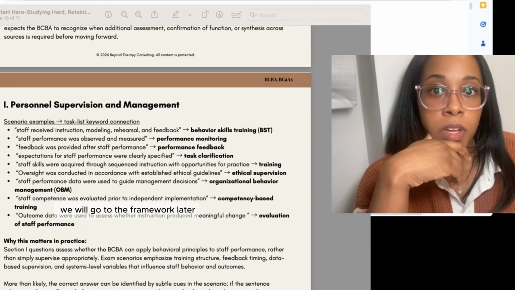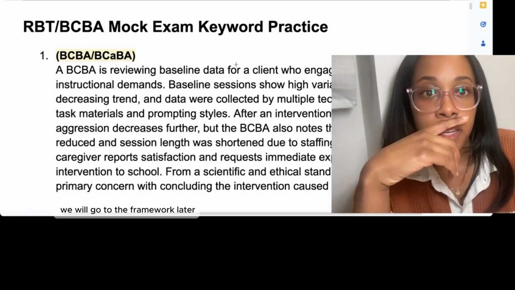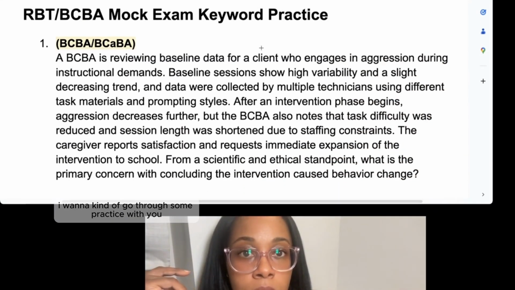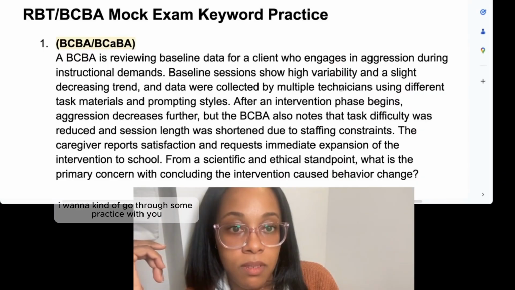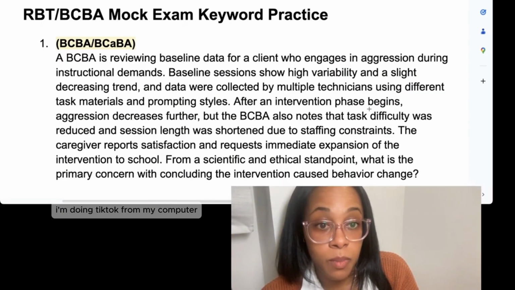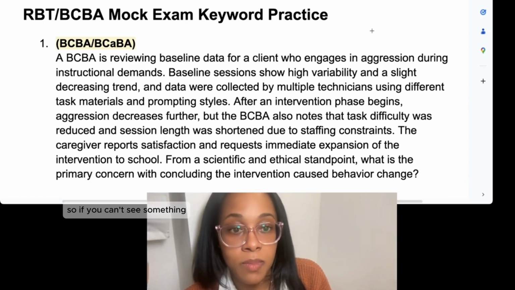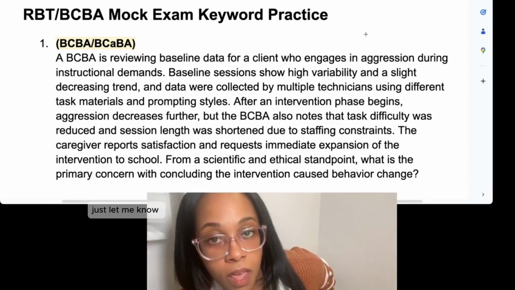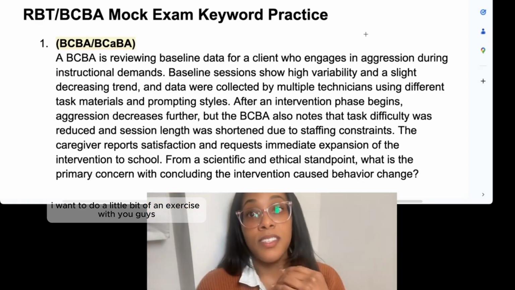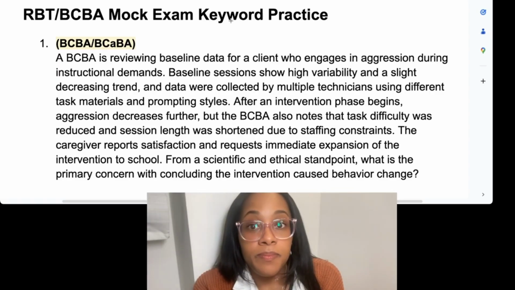We will go to the framework later, because first I want to go through some practice with you. I'm doing TikTok from my computer, and the orientation is a little bit different. So if you can't see something, just let me know. But I want to do a little bit of an exercise with you guys. So one question is for BCBAs.